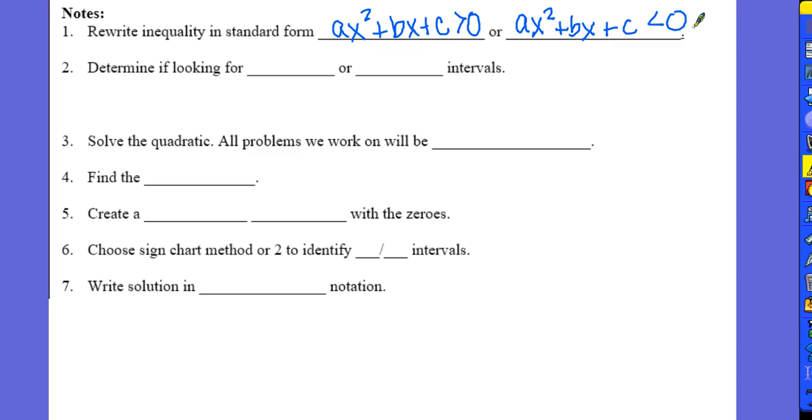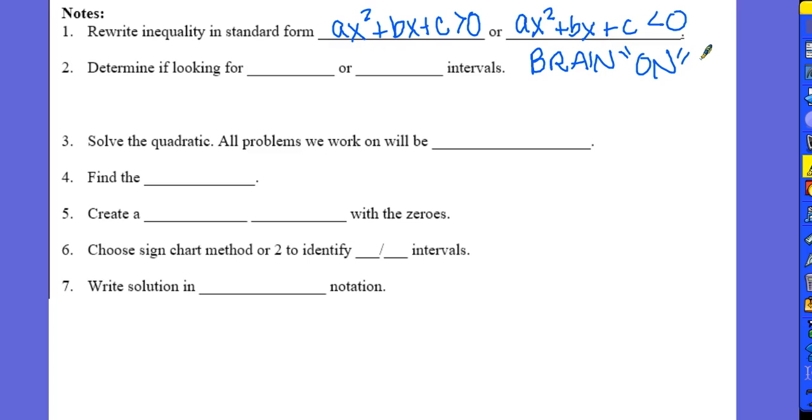Okay? All right, after we do that, which is a pretty automatic process, right? You guys are just automatically putting quadratics in standard form. So after we do that, we're going to turn our brains on.